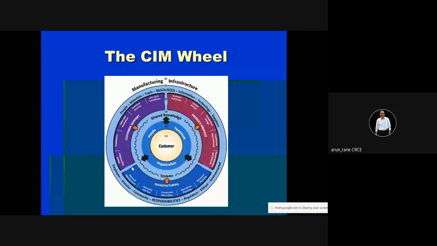Now dispatch, as I told you, you should not have finished goods inventory, so the finished product should reach the customer directly. Because if you go on producing and it is not rolling out, if it is not reaching the customers, then finally it will come to a standstill. So you will have to stop your production, because where will you store your products?